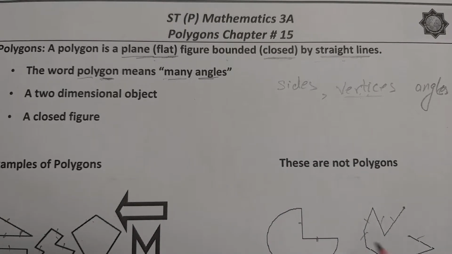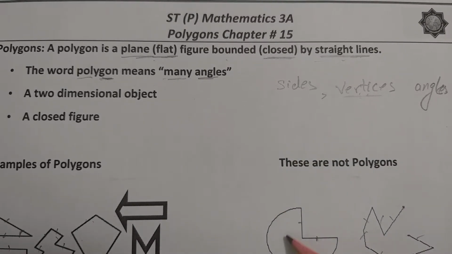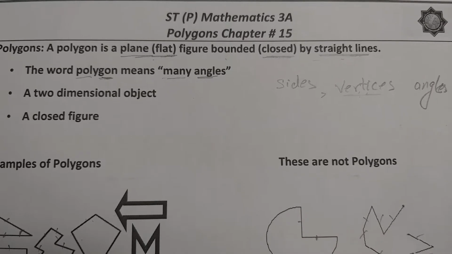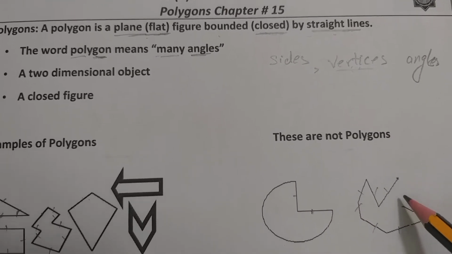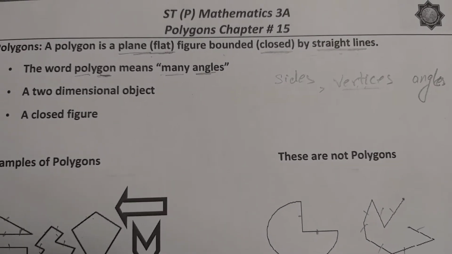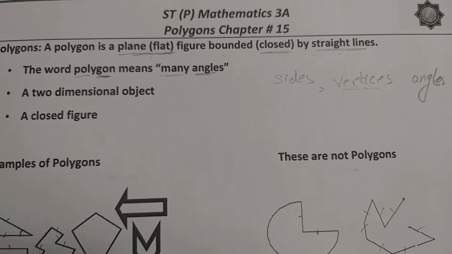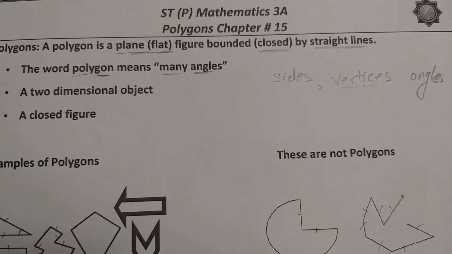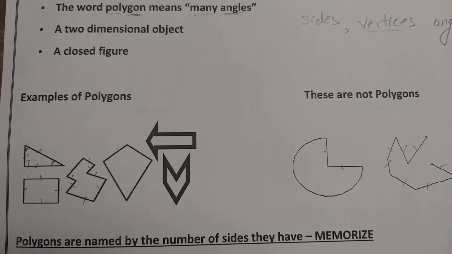So that's why in these two examples, the first has a curved part and the second is open. So this is not called a polygon. A polygon only joins with straight lines and makes some angles.